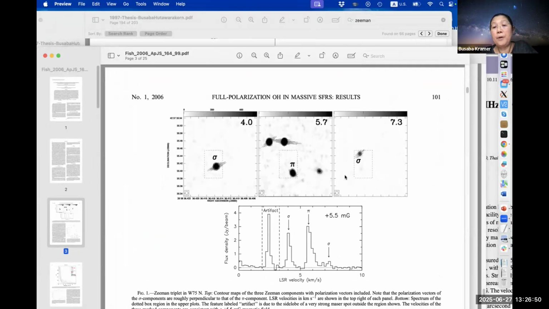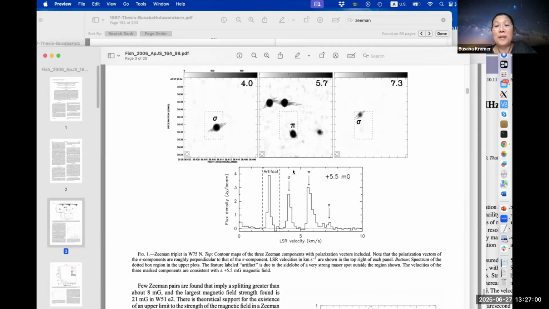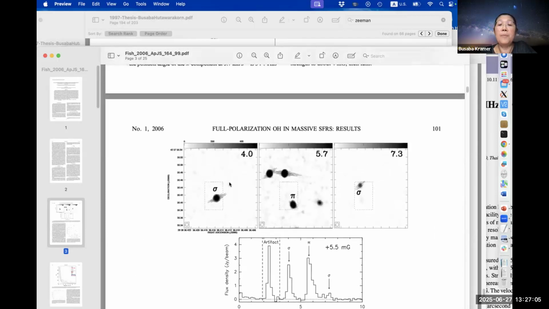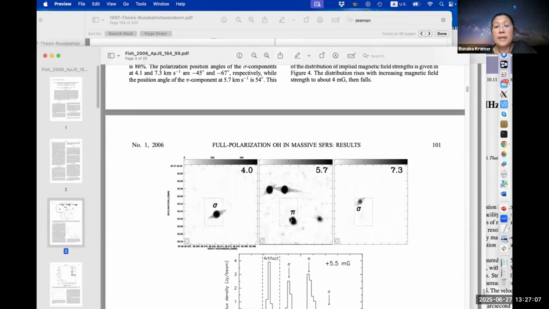For this source, with the VLBA resolution, you can still see that the pi and sigma plus and sigma minus components can be detected. And of course, I think Fish also has some information about that. You can see the position angle here: sigma plus and sigma minus are completely aligned, and the pi component is perpendicular. This is the extra information that you can only get when you do full polarization observation with the VLBI instrument.